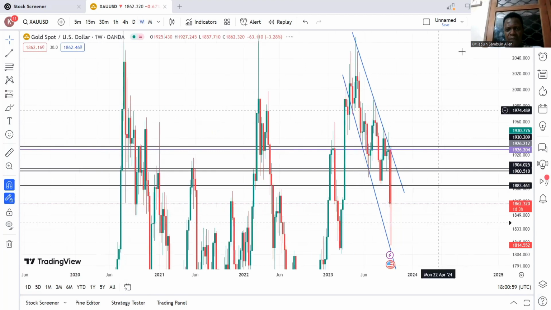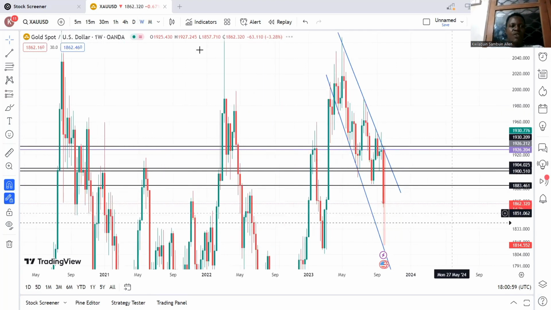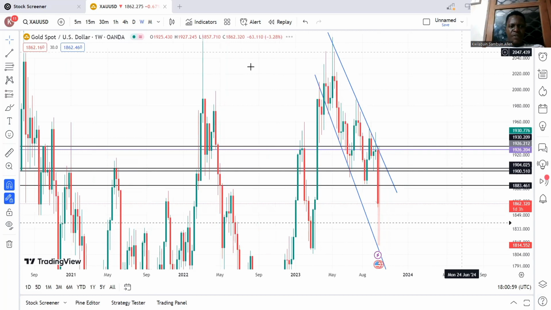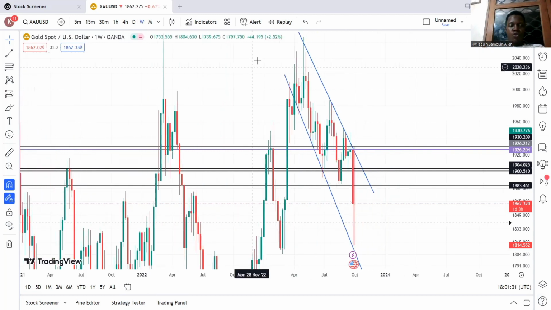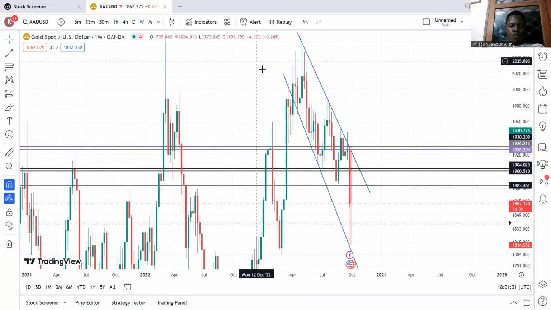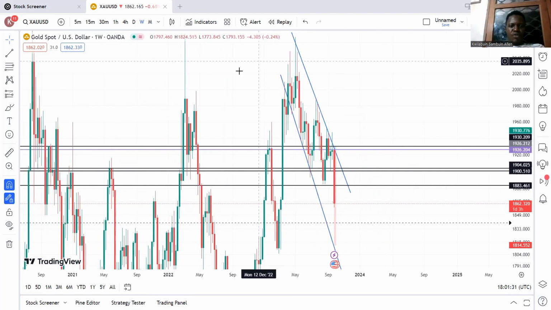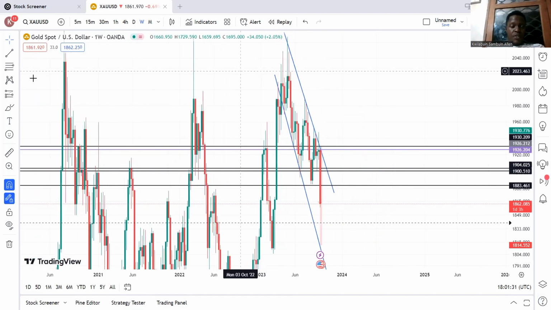Some people say gold is ranging. Basically, these important key levels you see here, normally gold was in a very bullish impulse, but what changed the impulse direction was these multiple powerful rejection candlesticks.